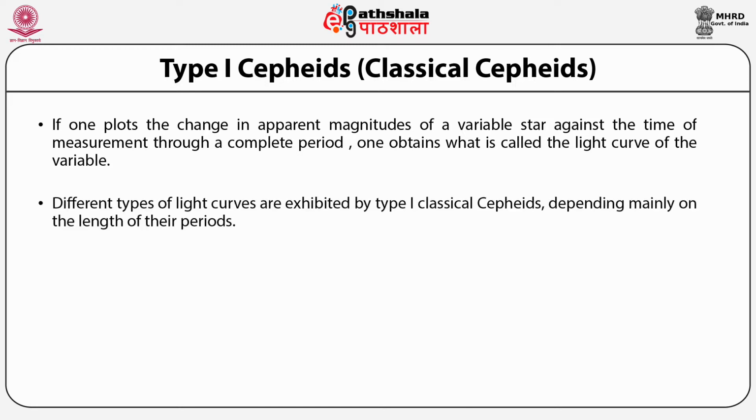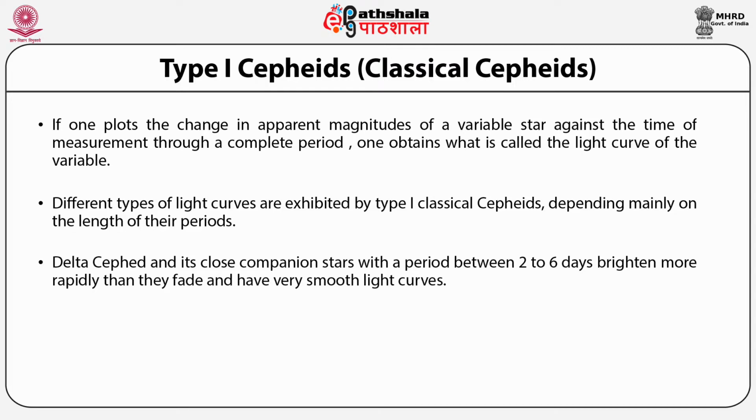Different types of light curves are exhibited by type first classical Cepheids, depending mainly on the length of their periods. Delta Cepheid and its close companion star, with a period between 2 to 6 days, brighten more rapidly than they fade and have very smooth light curves.